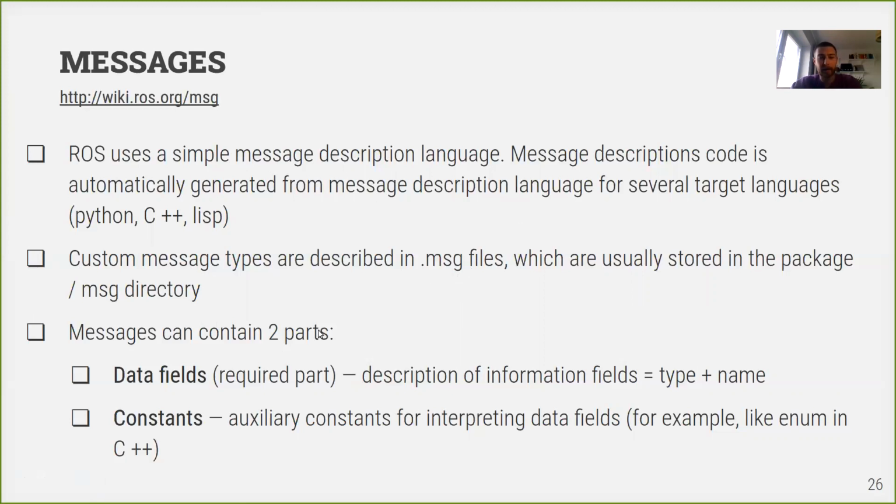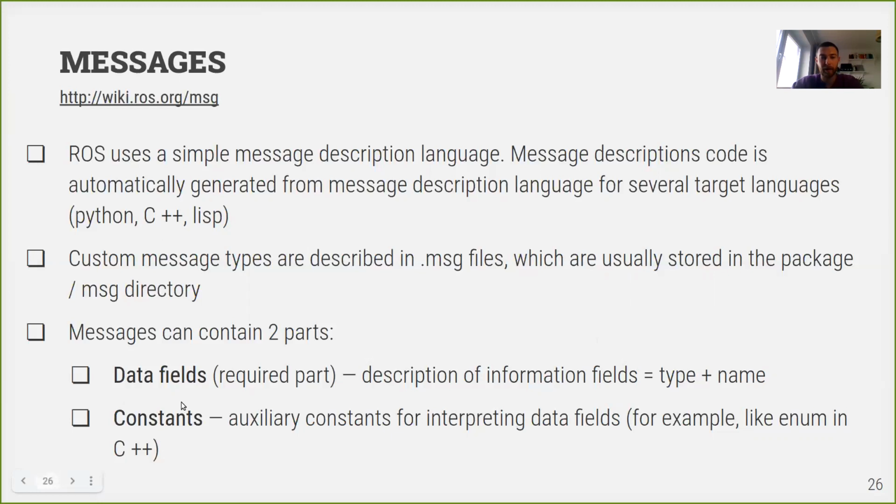And messages can contain two parts. First of all, there are data fields. So these are fields which contain some data in our message. And they have a description in the format type and name, the same as in any programming language with strong typing, such as C++. And also we can define constants. These are just for interpreting data fields.